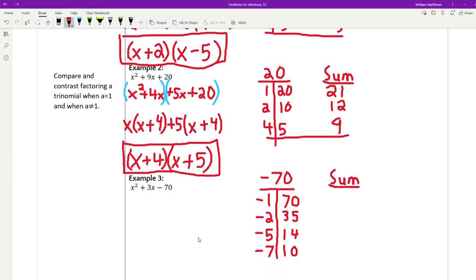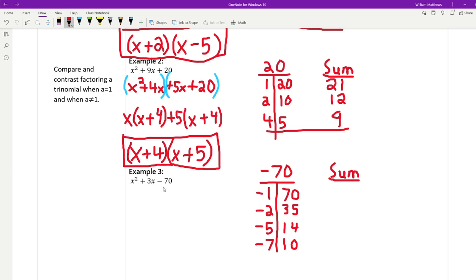Now another example of whenever my c value is negative, or my product of a and c is negative, we have to look at our b value. In this case, it is positive. So I want my smaller values to be negative. This time, whenever I add them together, negative 1 plus 70 is a positive 69. Then I'm left with a positive 33.